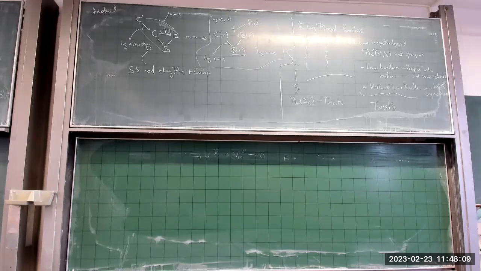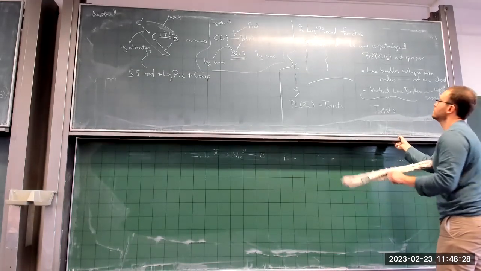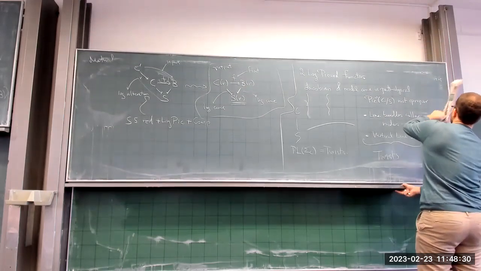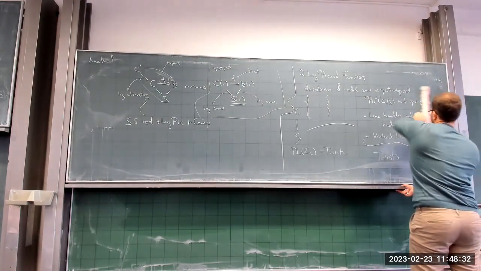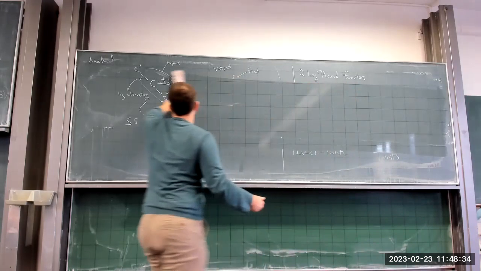Is the log Pic a sheaf of groups for the étale or fppf topology, or what? It is a sheaf of groups for both the étale and the fppf topology, and in fact even more. It is a sheaf of groups for the whole log fppf topology, at least when you assume that the base is nice.